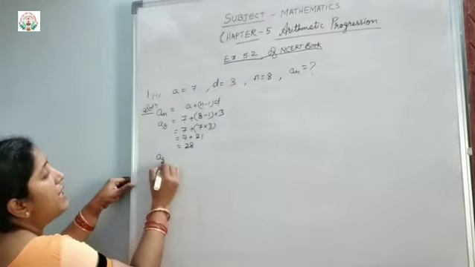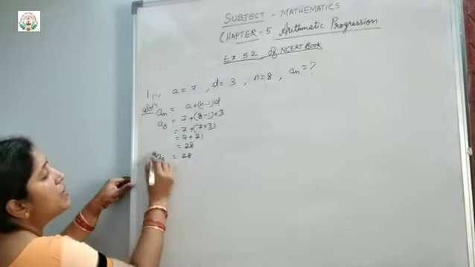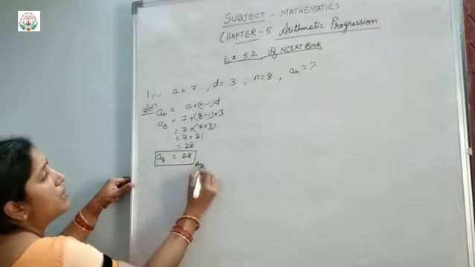So A8 equals 28. That is the answer to the first one.